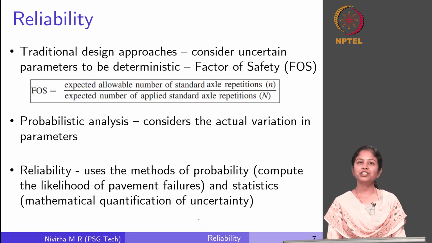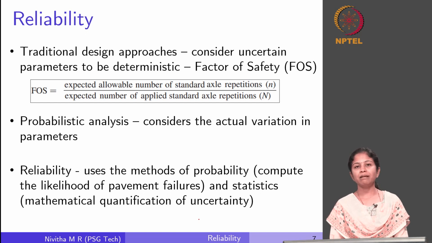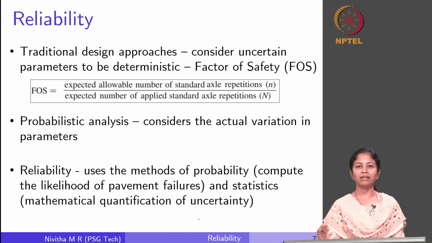Now, how do the traditional design approaches consider this kind of variability? It is usually done through a parameter called factor of safety. Many times when we design, we see what is the required strength for our case, multiply by a factor of safety and say that we need a material which is twice as strong as what is actually required at my location.